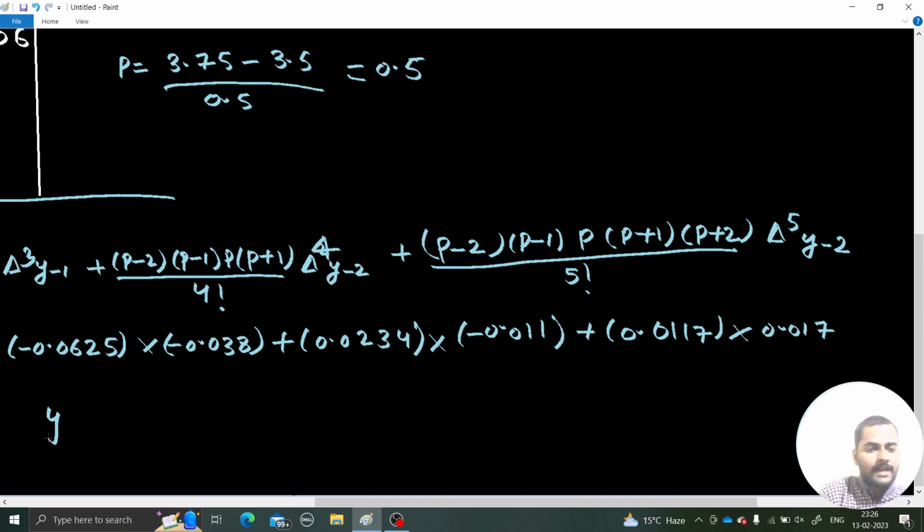So if I write y, this was 3.75 and this is 19.407. So if up to two decimal places they are asking, I can write 19.41, correct up to two decimals. Okay.